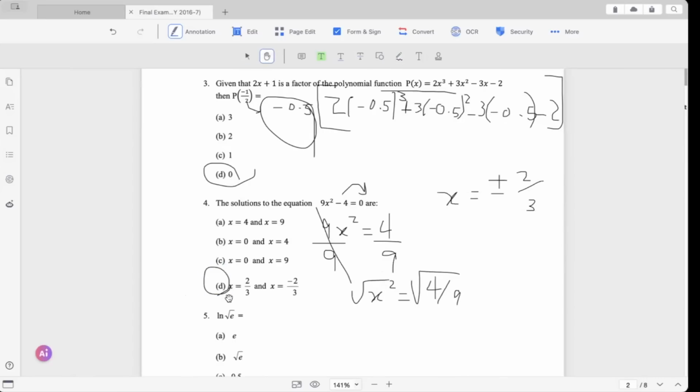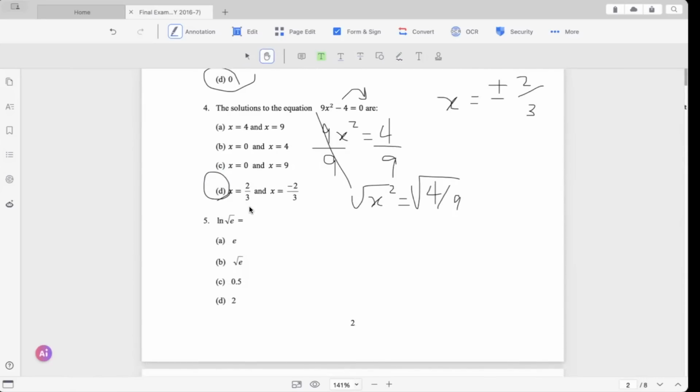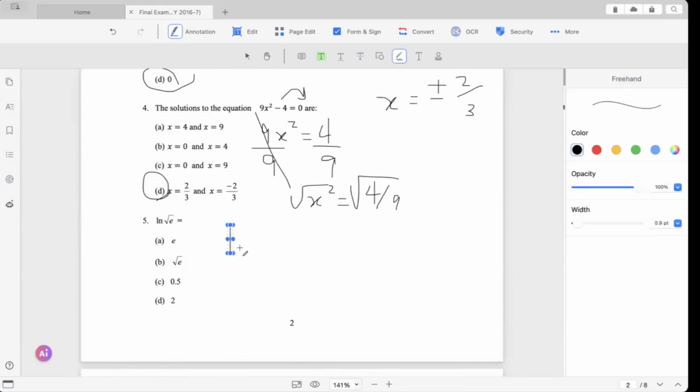For the next question, we have ln root e. So we have ln square root of e. Square root is the same thing as a half, so I have ln e to the half. And the half, you're going to carry in front.